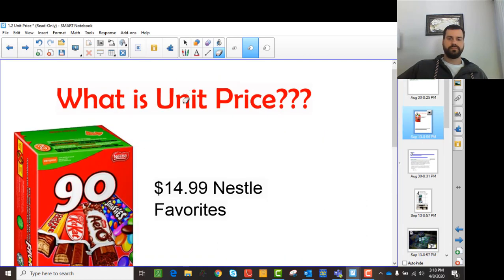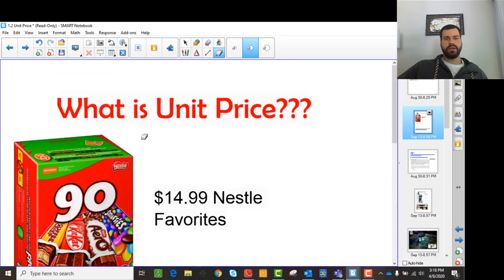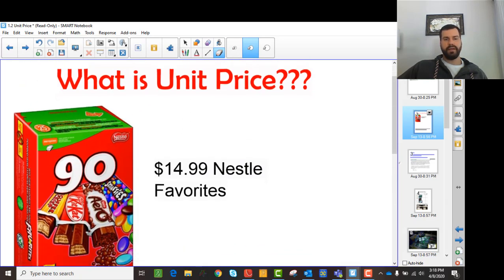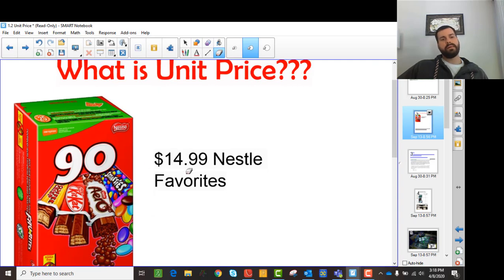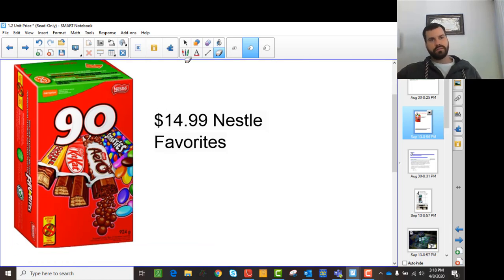If I said I got a box of 90 little chocolate bars and they're $14.99, and I said, what's the unit price? The idea is that you're going to take the price and divide it by the number of units. So the unit price is just the price per piece.